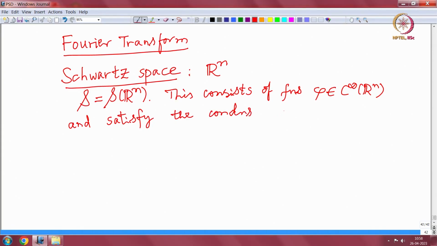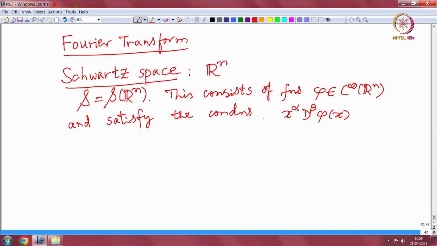So you take any polynomial, to start with a monomial x to the alpha, and then you take the differentiation of phi of order mod beta.